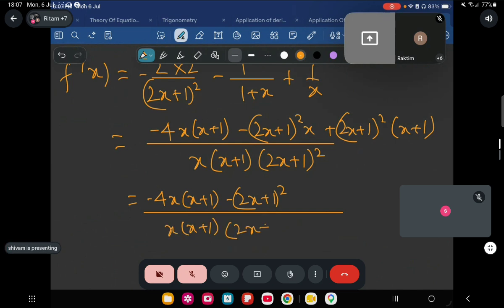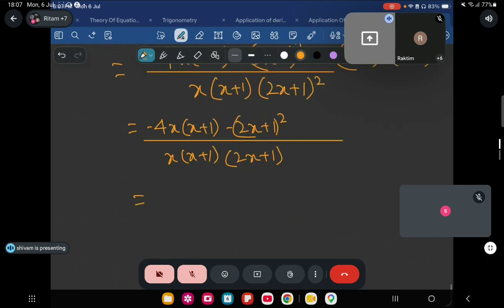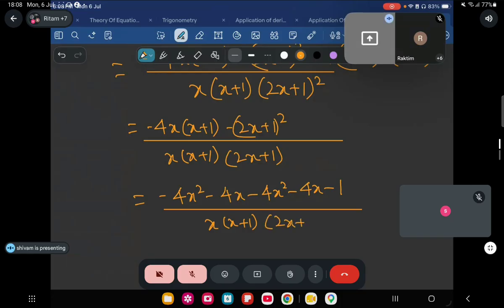So over here, what are we getting? (2x + 1) whole square minus 4x square minus 4x minus 1 divided by x into (x + 1) into (2x + 1).